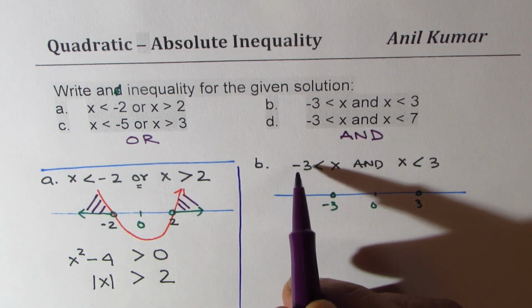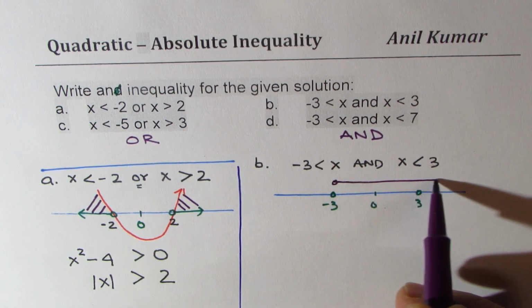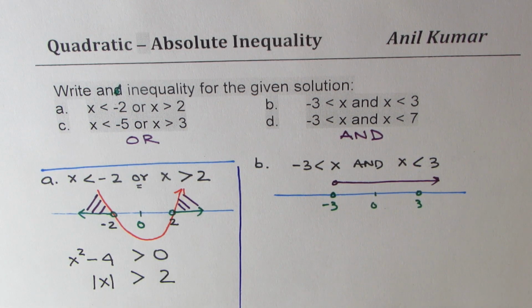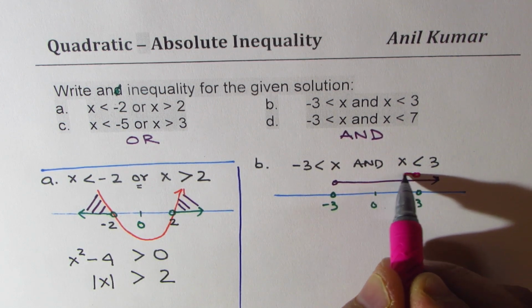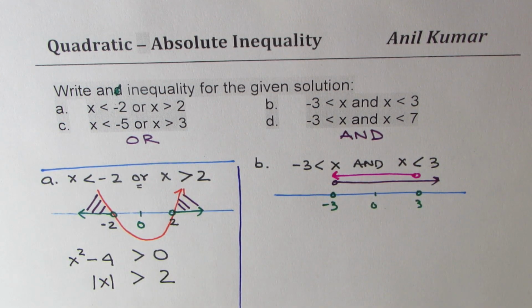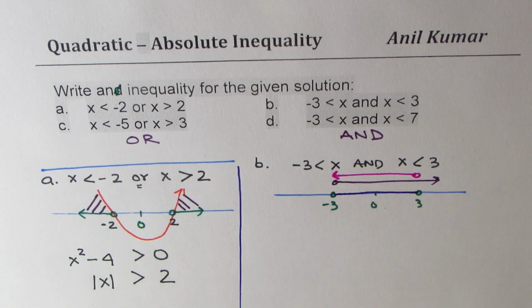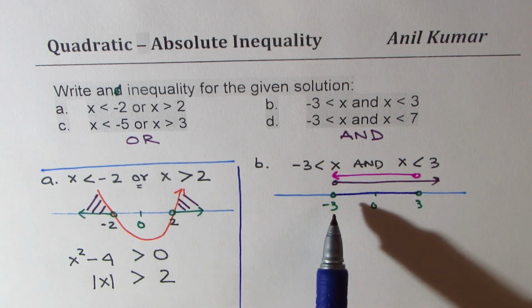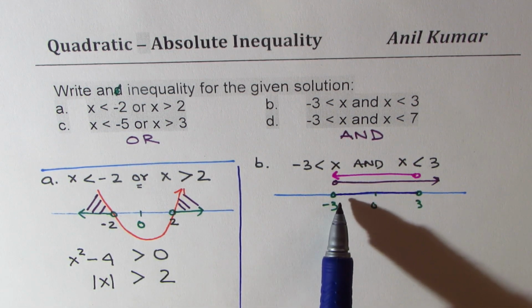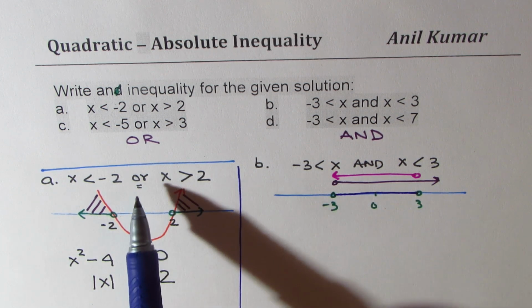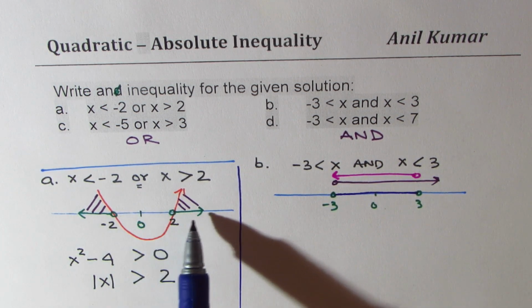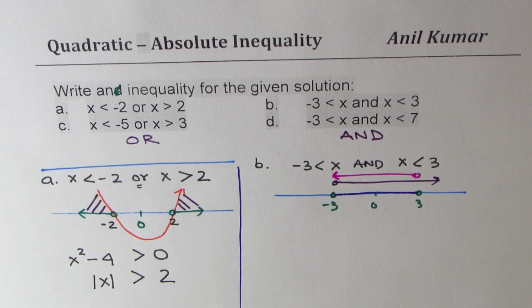So when we say x is greater than minus 3, it means this side, right? And when we say x is less than 3, it means this side. What is common? AND means intersection. What is common between the two? Everything in between. So that is what AND is. Perfect. So AND is used when we have an interval which is kind of continuous as shown here, and OR is used when we have a split interval. So that is what I want to specify.